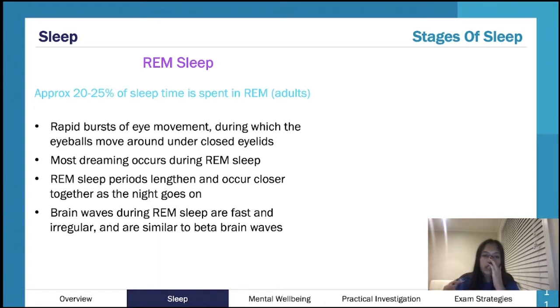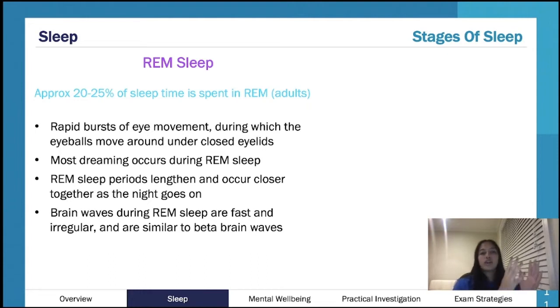In terms of the actual time, we'll talk about circadian rhythms and ultradian rhythms in a second. Over the course of the night, we'll have different episodes of REM sleep. Let's say we sleep for 8 hours. Over that time, you'll go into NREM sleep and then REM sleep, and then NREM sleep and then REM sleep. You just cycle through the two types. Each time that you cycle through REM sleep, it gets longer.